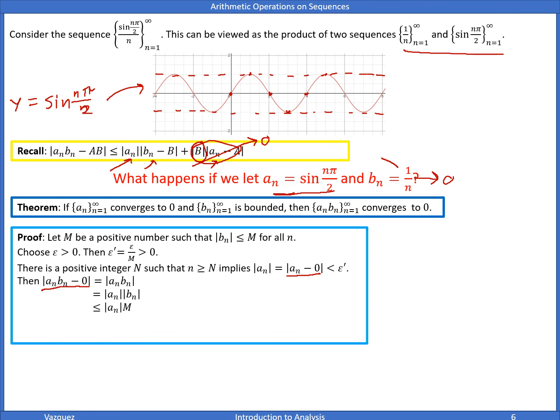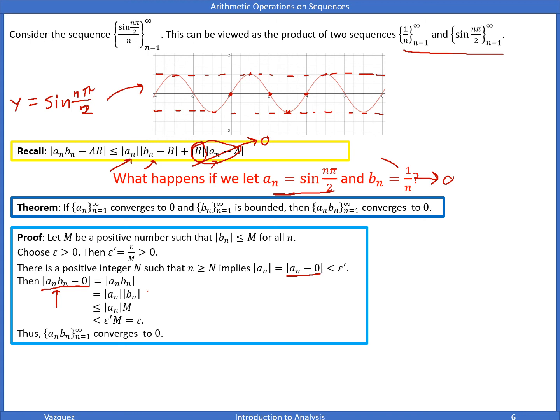And that is now less than or equal to an times m. Why? Because the sequence bn is bounded by m. And now, here comes the reasoning for the choice of epsilon: that's less than our new epsilon times m, which is equal to epsilon. So we just showed that the product of these two sequences is less than epsilon and therefore converges to 0.